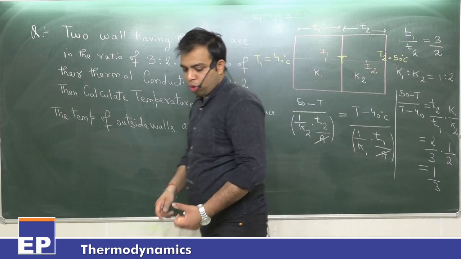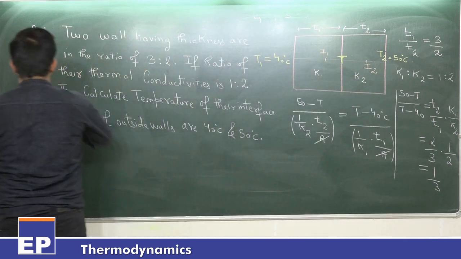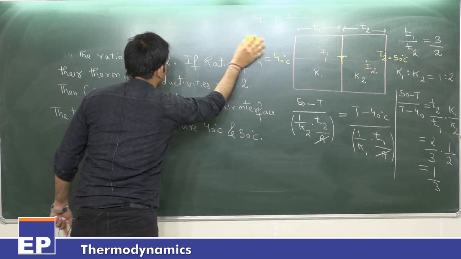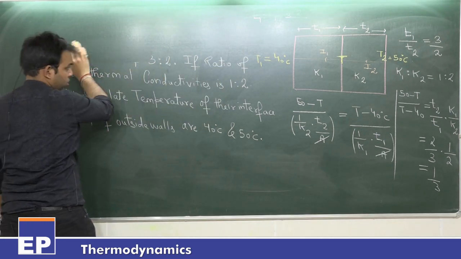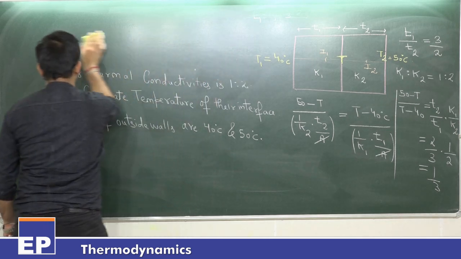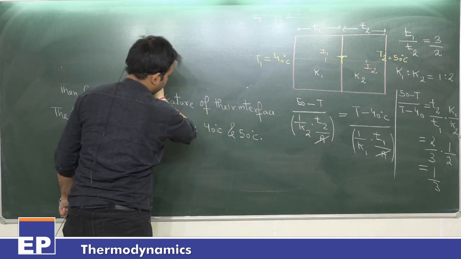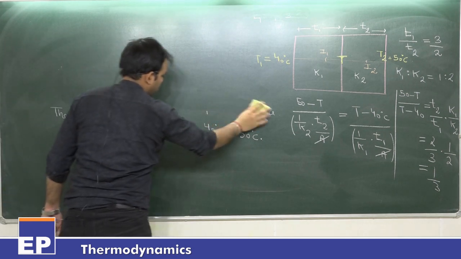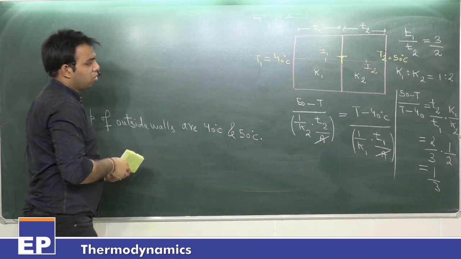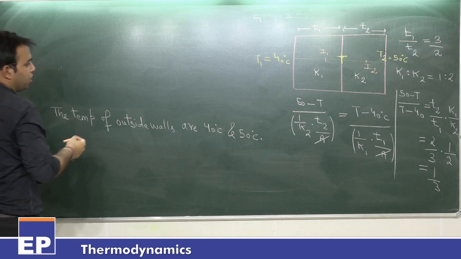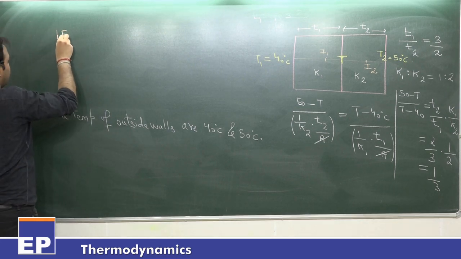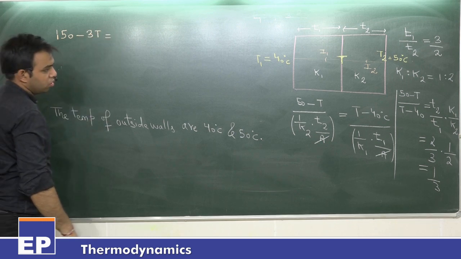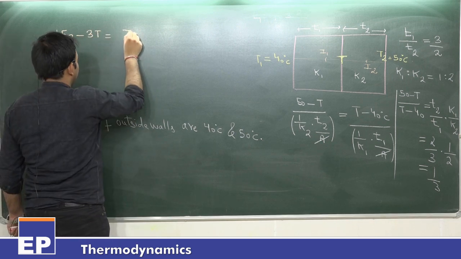Now, अगर मैं इसको solve करूं, this is 50 minus T. That is 150 minus 3T is equal to T minus 40.